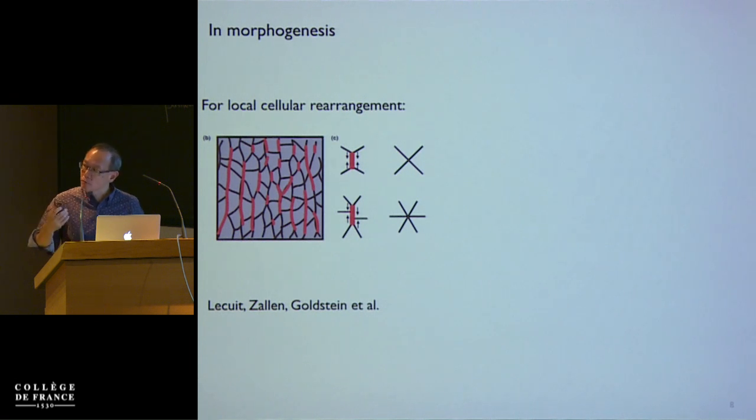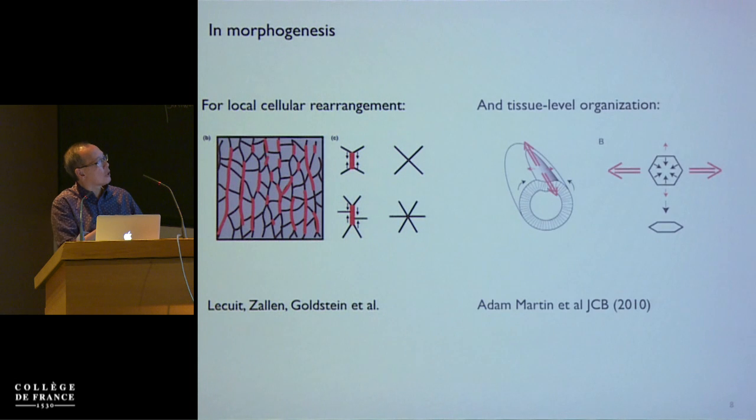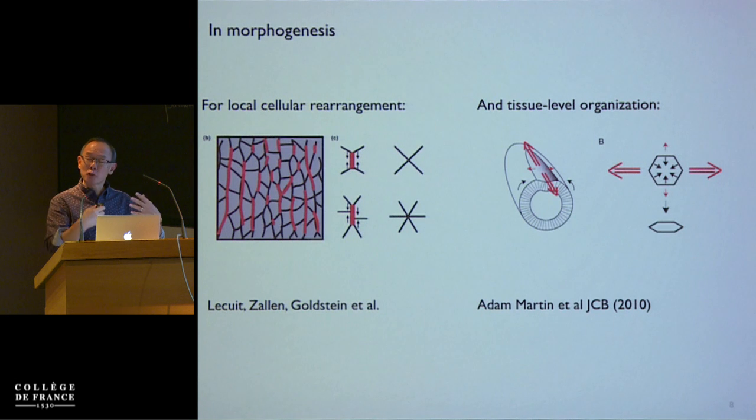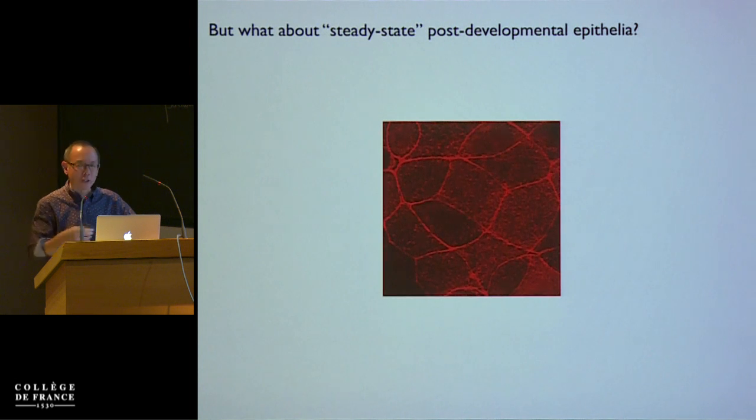They influence local cellular arrangements, as Thomas, Jens Allen, and Bob Goldstein have shown in various embryonic systems, and they can indeed be organized at tissue scale levels to control tissue level developmental patterning, as Martin showed a few years ago.